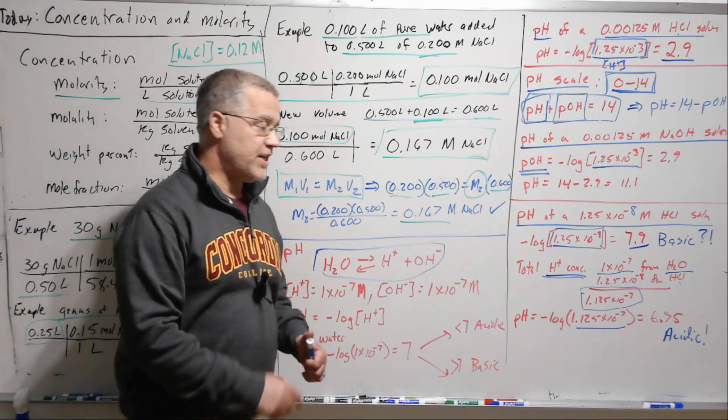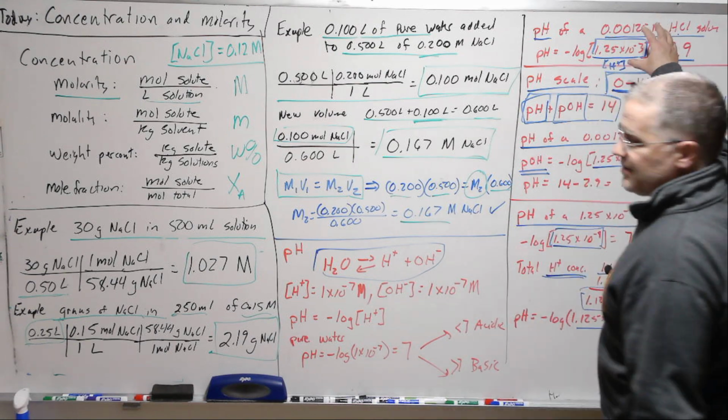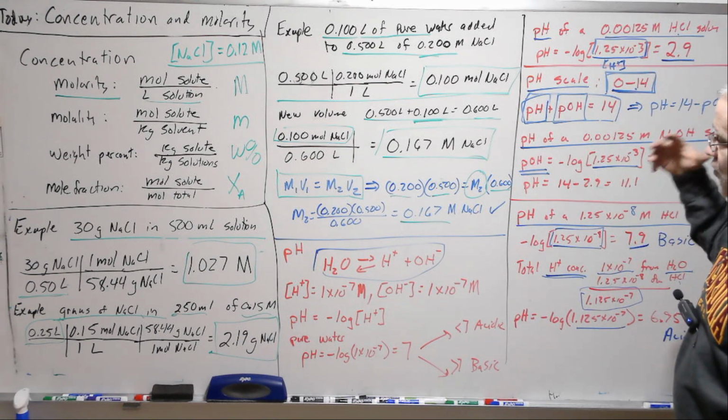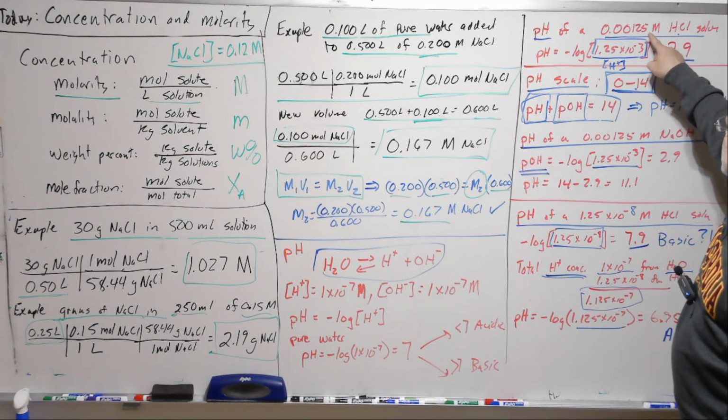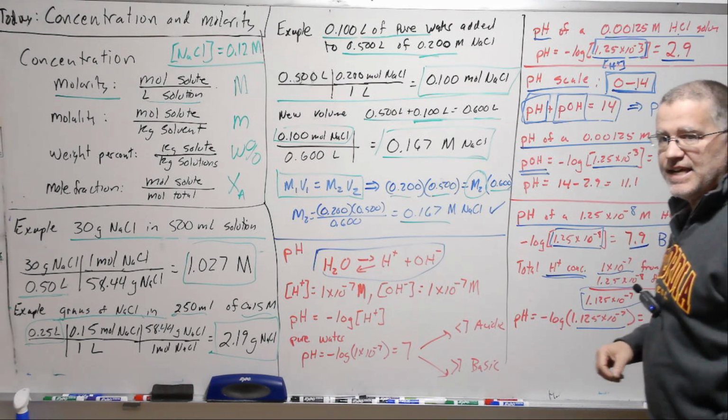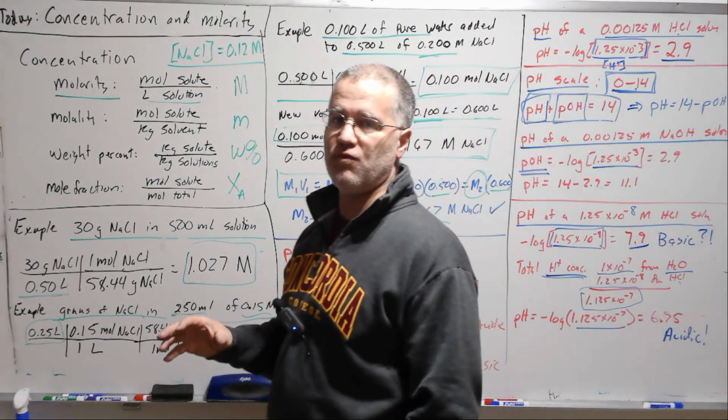So the moral of the story here is these calculations seem trivial, but you have to know what's going on and where this all comes from. So yes, this is totally correct, what we did here, and it will be until we get down to concentrations that are close to that of water.